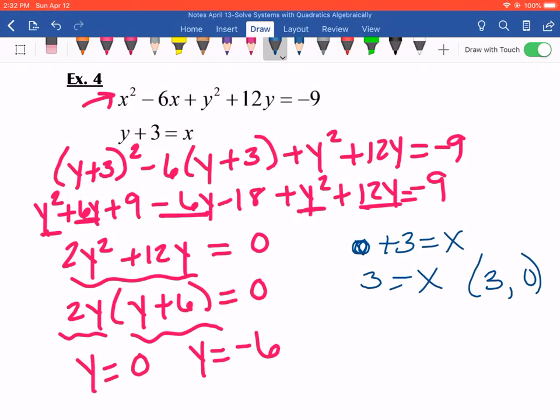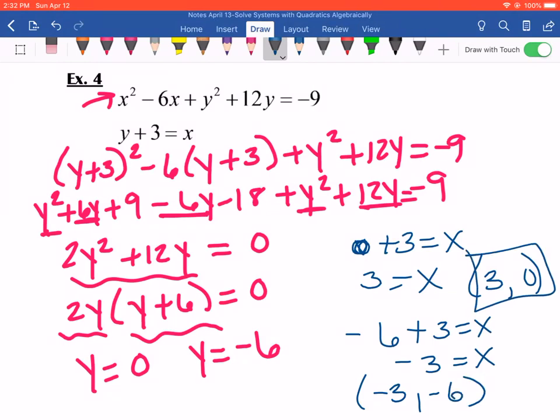Now when y is equal to negative 6, we want to find out what x equals. So plug in negative 6 for y in our linear function, plus 3 is equal to x. And what I end up seeing is that negative 3 is equal to x. So when x equals negative 3, y is actually equal to negative 6. And these are our two solutions to the system of equations.